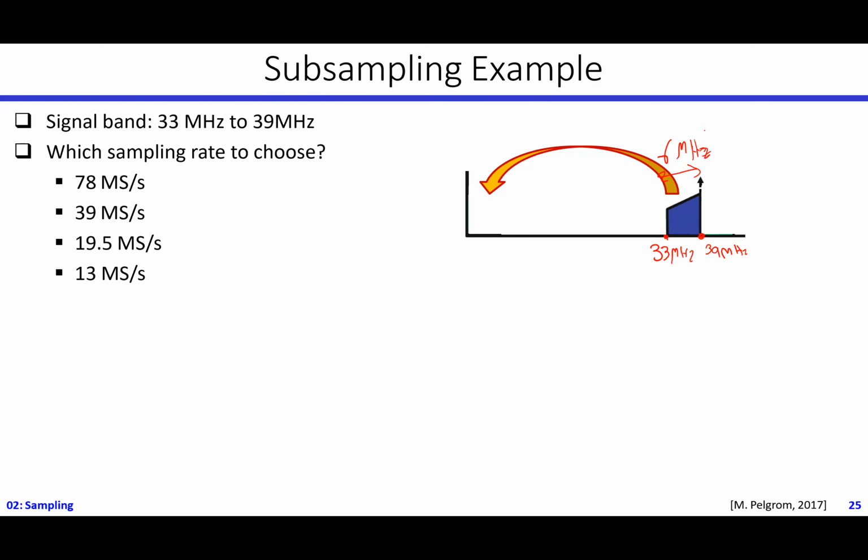And we can see that it's not a baseband signal, it's a passband signal. So what sampling rate would I choose to bring the signal to the baseband here, from 0 to 6 megahertz? Which one of those will I select?